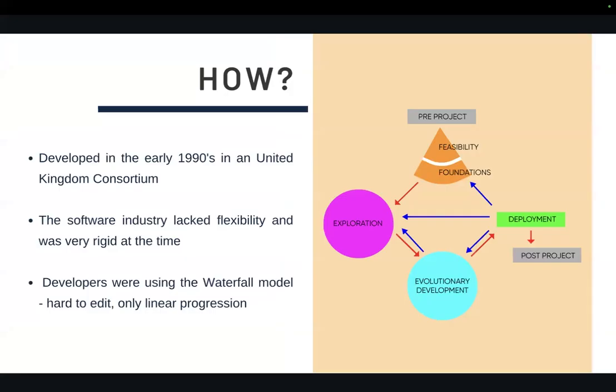So, how did DSDM really come to life? Back in the 1990s, software development was changing, and oftentimes it was really frustrating, as the traditional methodologies they were using at the time, such as the waterfall method, were really all they had.